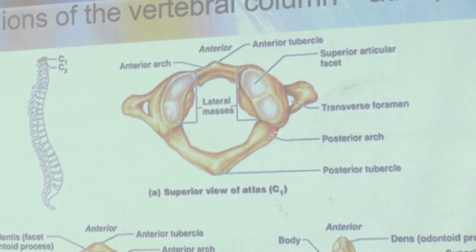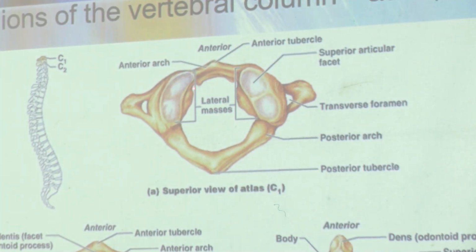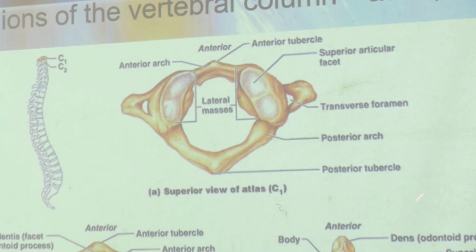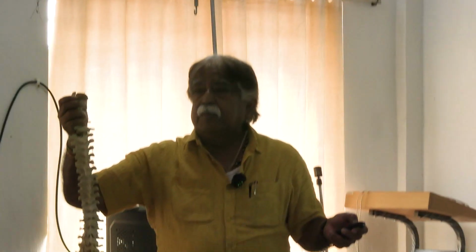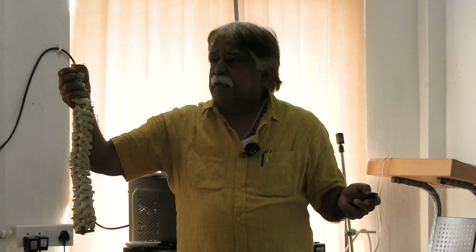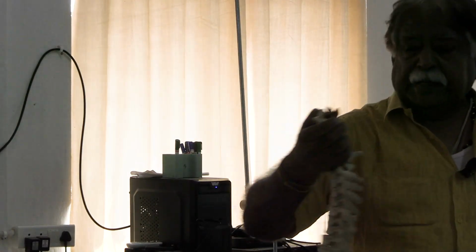This is the atlas, and you see these two lateral masses. Anyway, in this mala one rudraksh is missing.